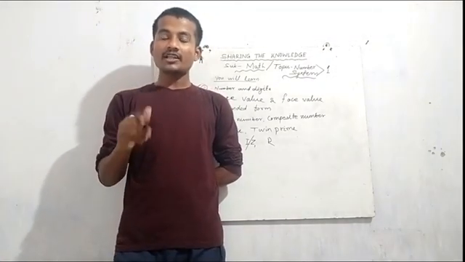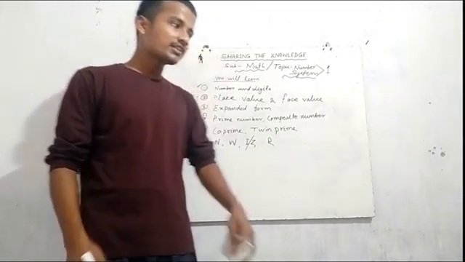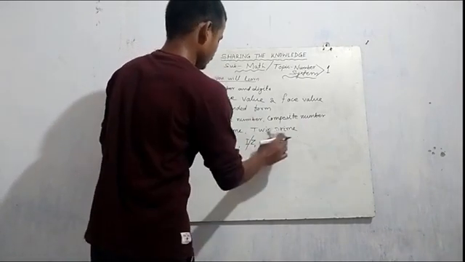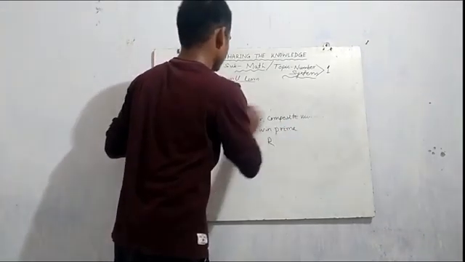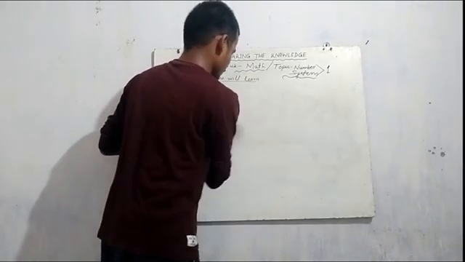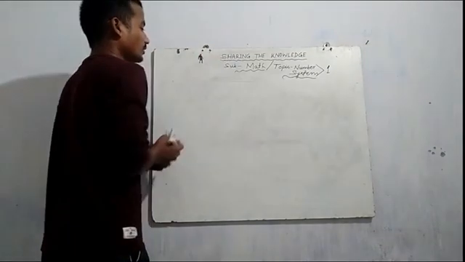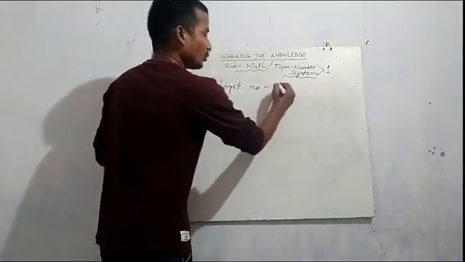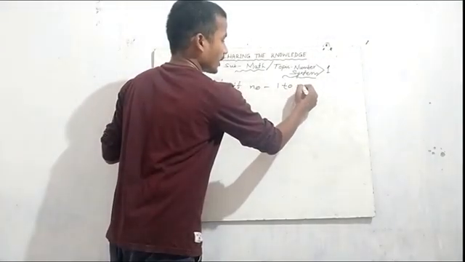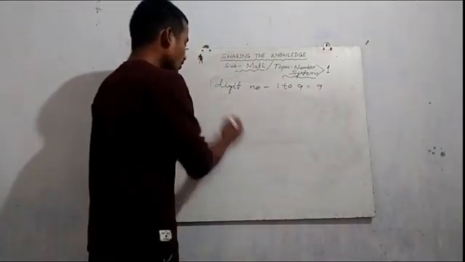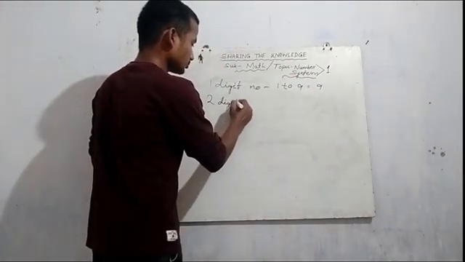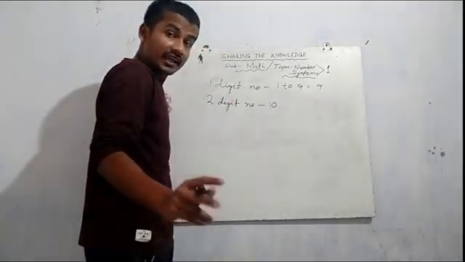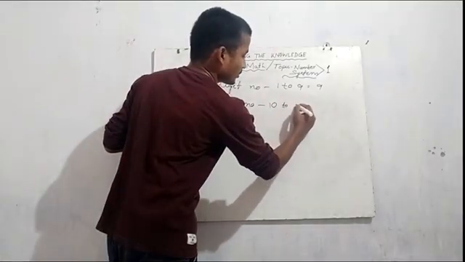Then if I ask you how many two digit numbers are there? One digit numbers are 1 to 9, so 9 of them. Two digit numbers start from 10 till 99.